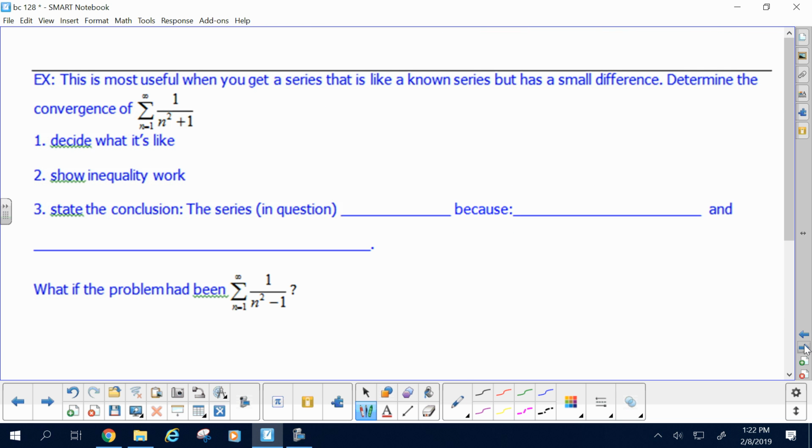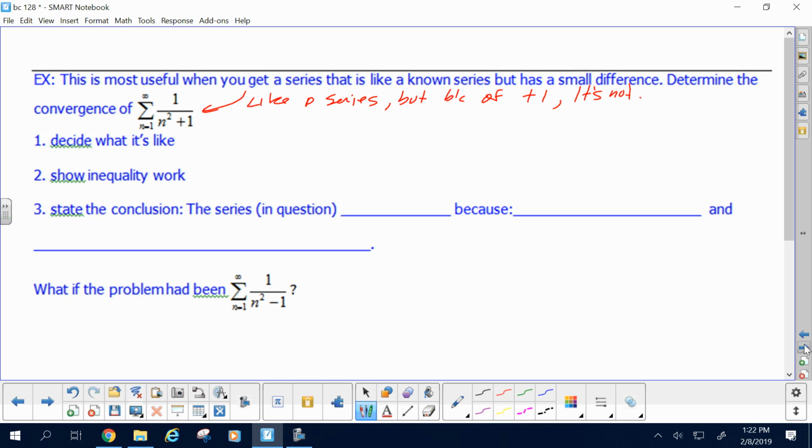Let's talk then about a more typical example. This is what is commonly done. You get a series like this, and it's like a p-series, but because of the plus 1, it's not.